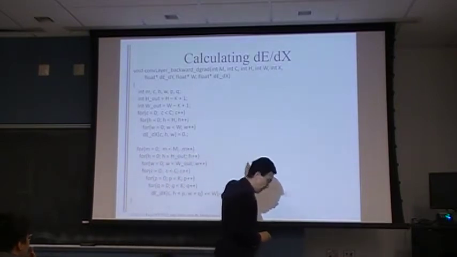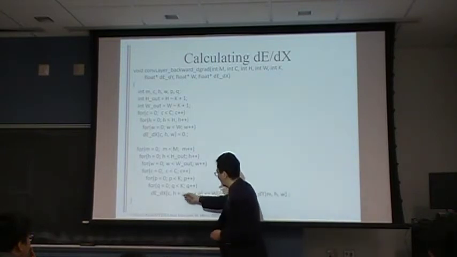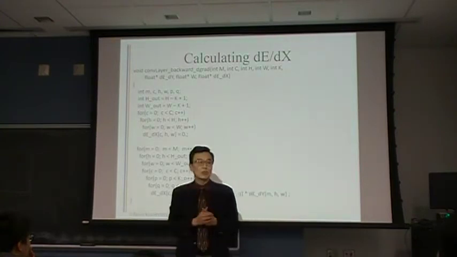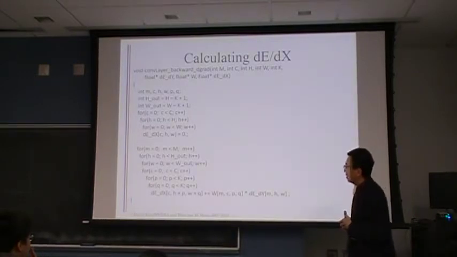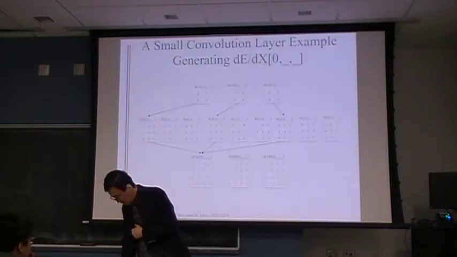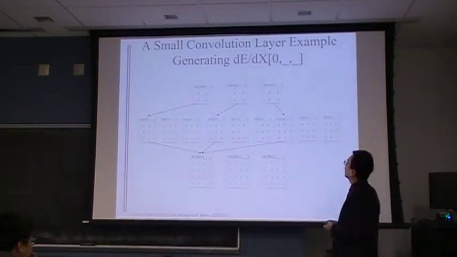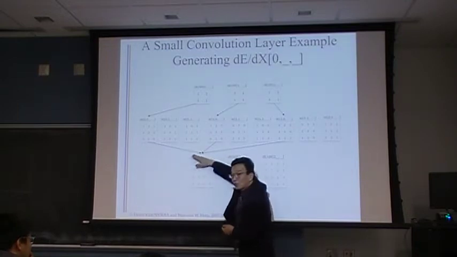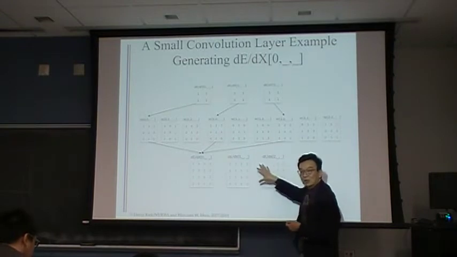So you can write the same piece of code, but with the indices, and then you can just write the code this way, and then it will calculate sequentially the matrix, all the delta E, delta X. If you look at how it looks like, remember, this is what we're trying to calculate, delta E, delta X. And there will be multiple input channels to calculate.